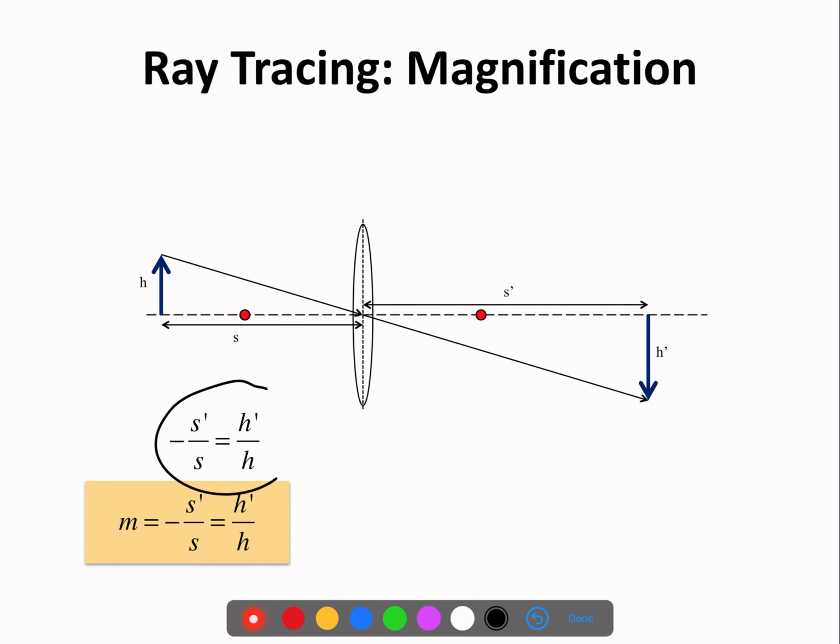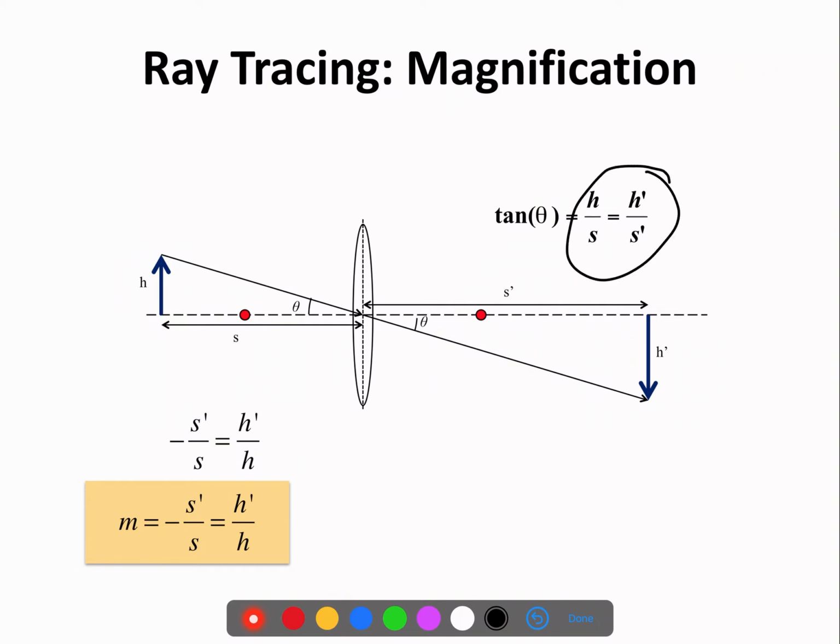Now this relationship here comes from some geometry. You can see these are similar triangles, so your tangent theta is going to be H over S or H prime over S prime, depending on which triangle you're on. And so when you rearrange this, you end up with this.